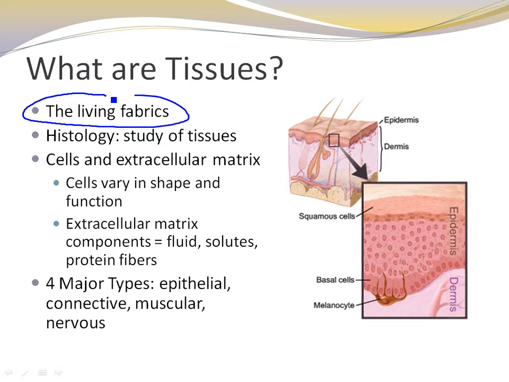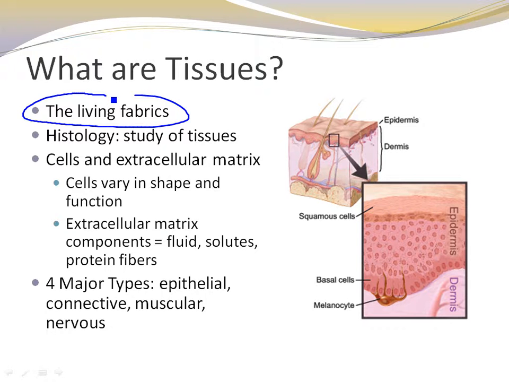You can also think of them as the lumber, the bricks, the concrete, the glass, building materials that can be assembled in different ways. You could use the same kinds of raw materials to build a house or a shed or many different things. Same deal with tissues in your body. You've got a certain group of different types of tissues that you can use to build the different parts of the body.